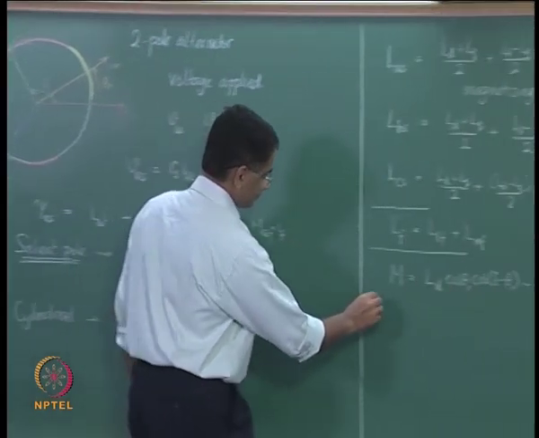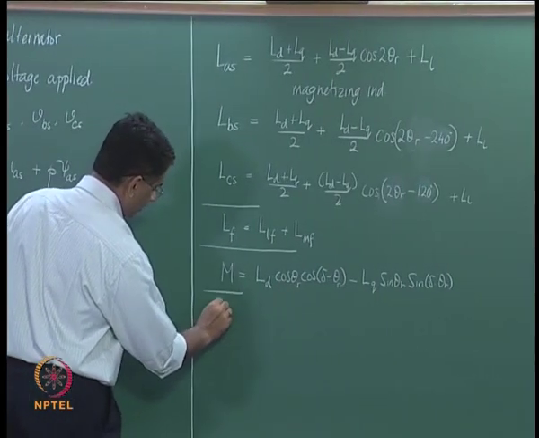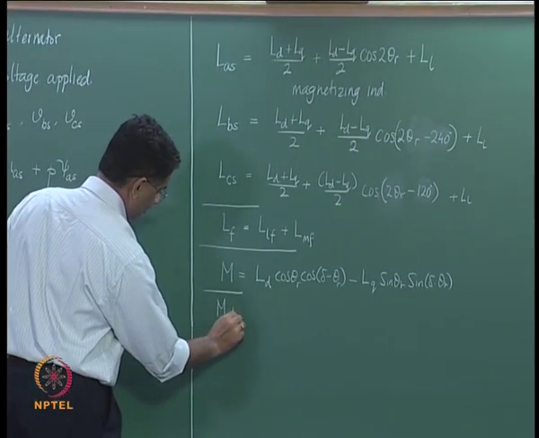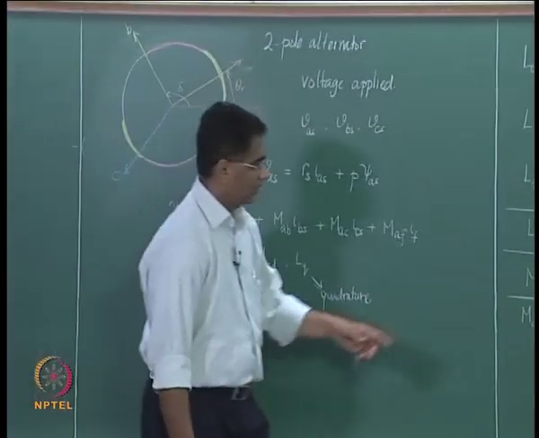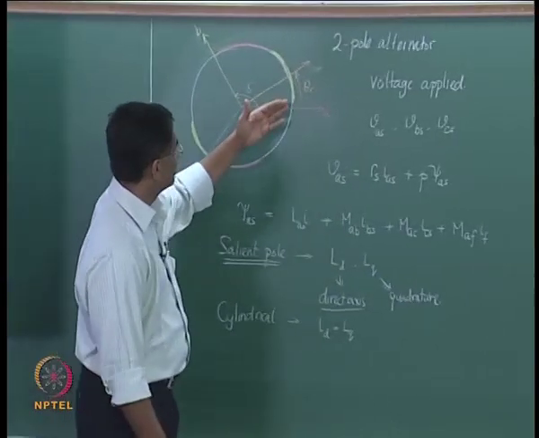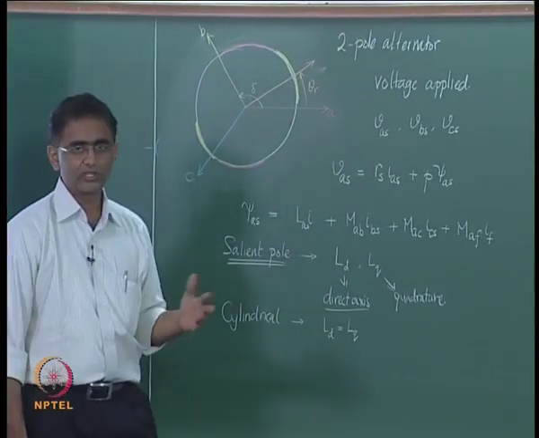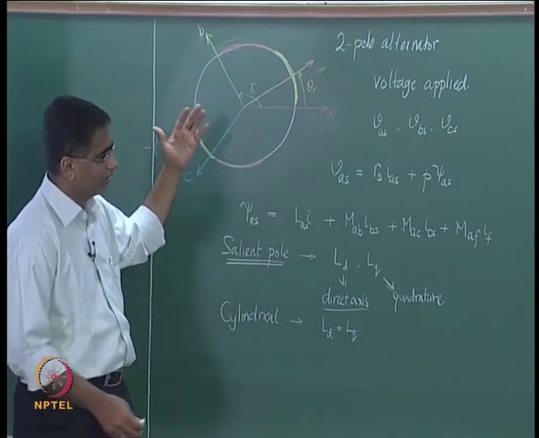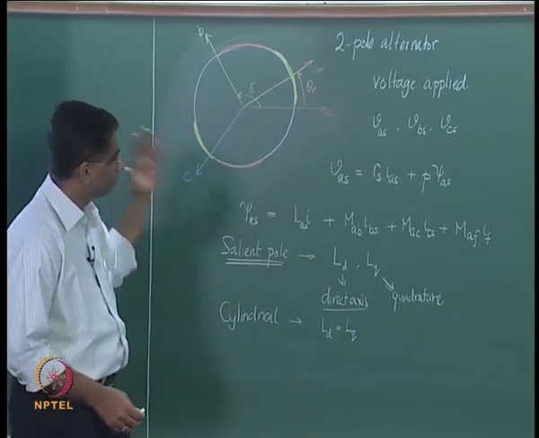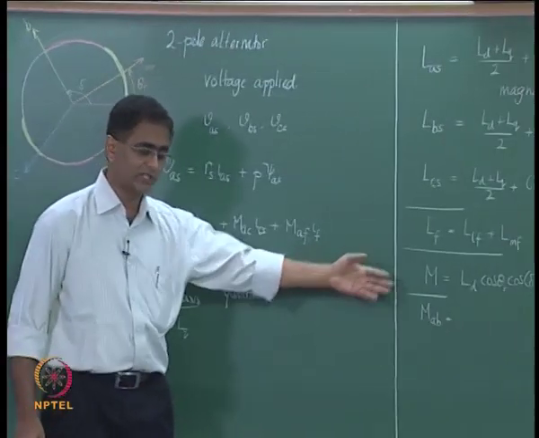So now if we want to get this for MAB, what do we do with this expression? The figure is as it is, there is no change in the figure. A is here and B is here, that is the situation for which we have derived this expression.